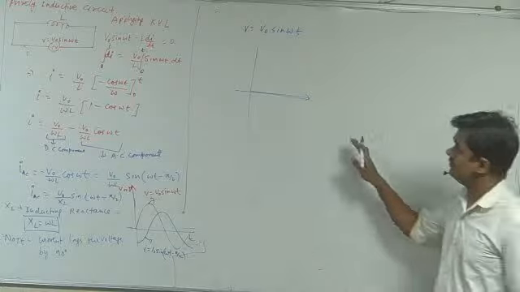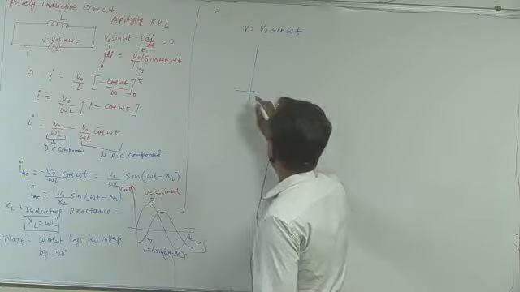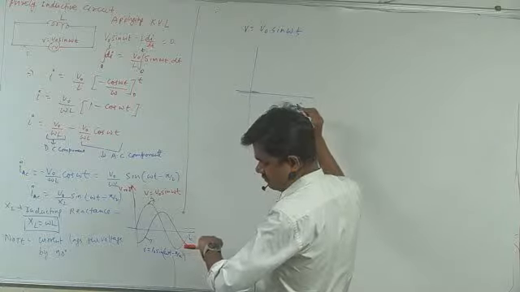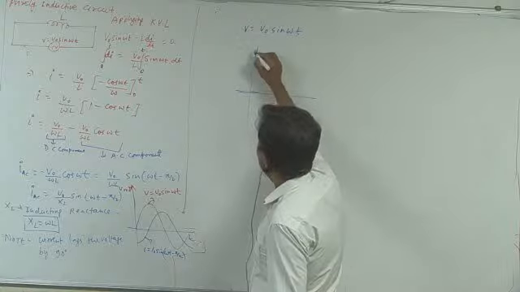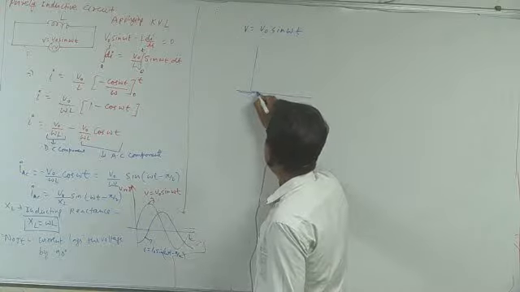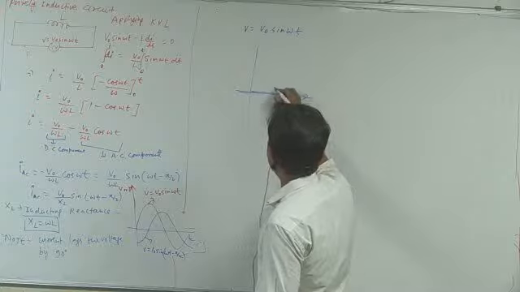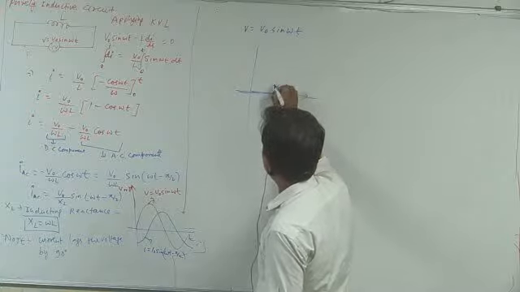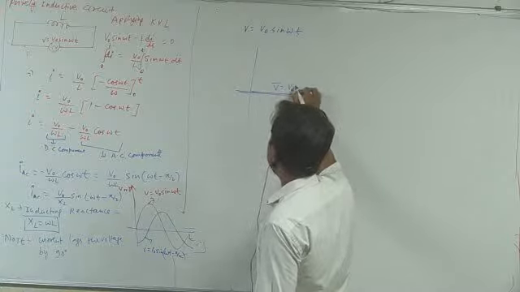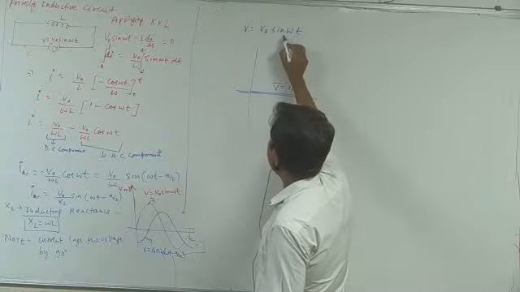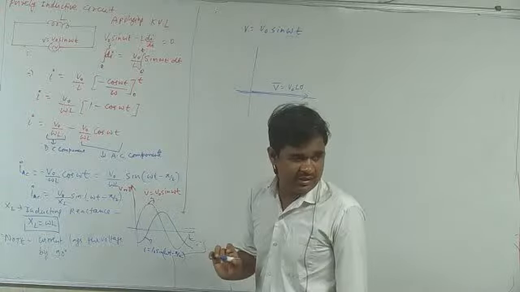V naught will be represented like this. This is the V phasor. V phasor is v naught angle 0 degree. This is the reference that is taken here. Try to understand, everybody.